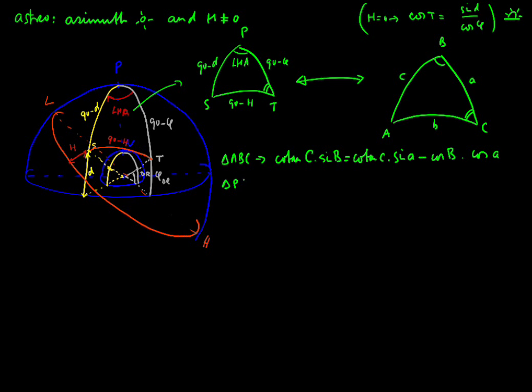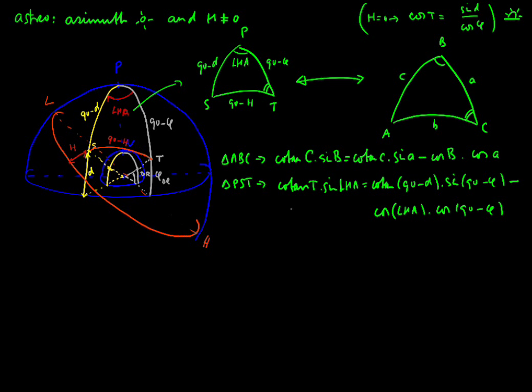So triangle PST, giving that the cotangent of C, which is here T, times the sine of B, which is the local hour angle, is the cotangent of small c, which is 90 minus the declination, times the sine of A, which is 90 minus the latitude, minus, so that's this minus here, the cosine of B, and B will be the local hour angle, times the cosine of the small a, which is 90 minus the latitude.